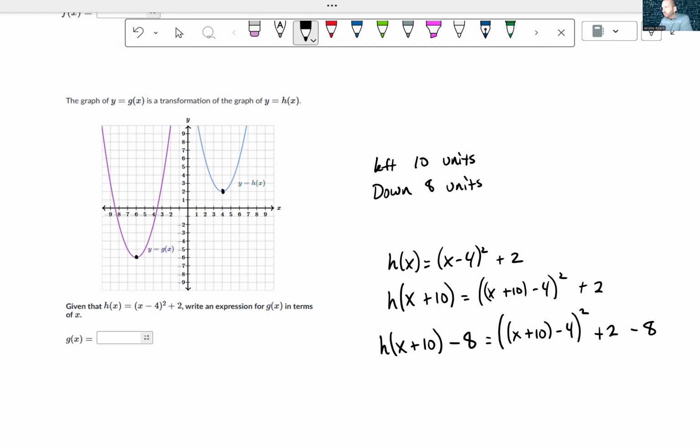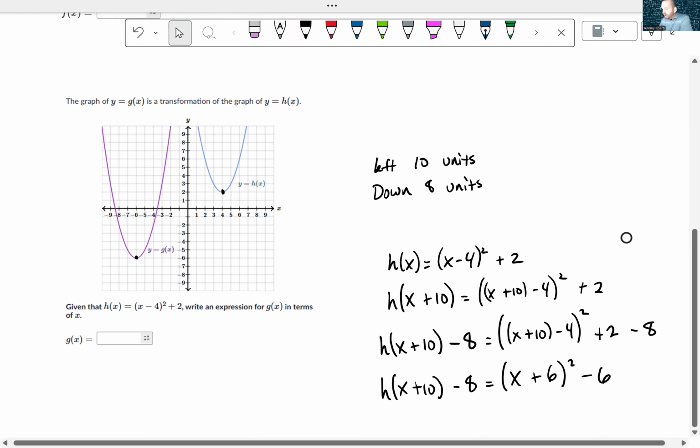Putting it all together, h of x plus 10 minus 8 is equal to, this is inside the parentheses here in the squared parentheses, so this is going to be x plus 6 quantity squared, and 2 minus 8 is minus 6.